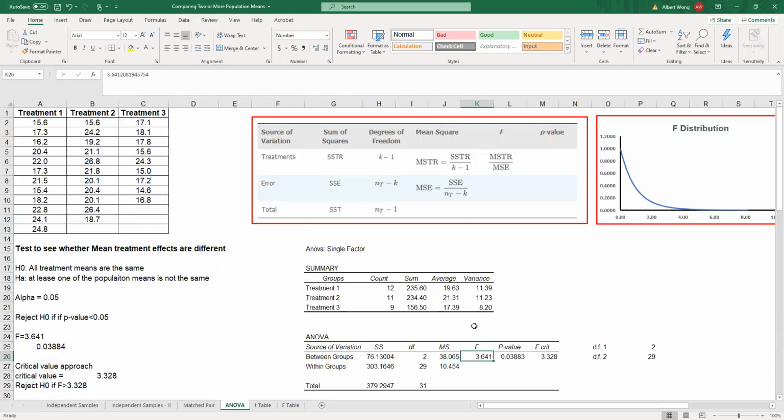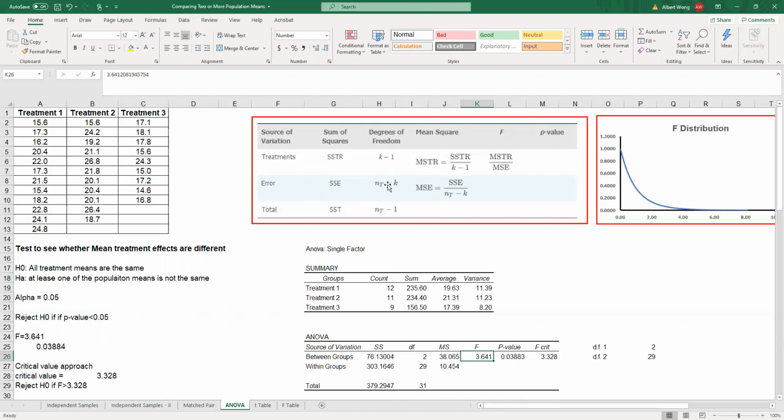So let me just emphasize the point. The foundation of doing the F test, of course, is the ANOVA table, and you should know the structure of the ANOVA table by knowing how to identify the degrees of freedom. The numerator degree of freedom is the number of groups minus 1.